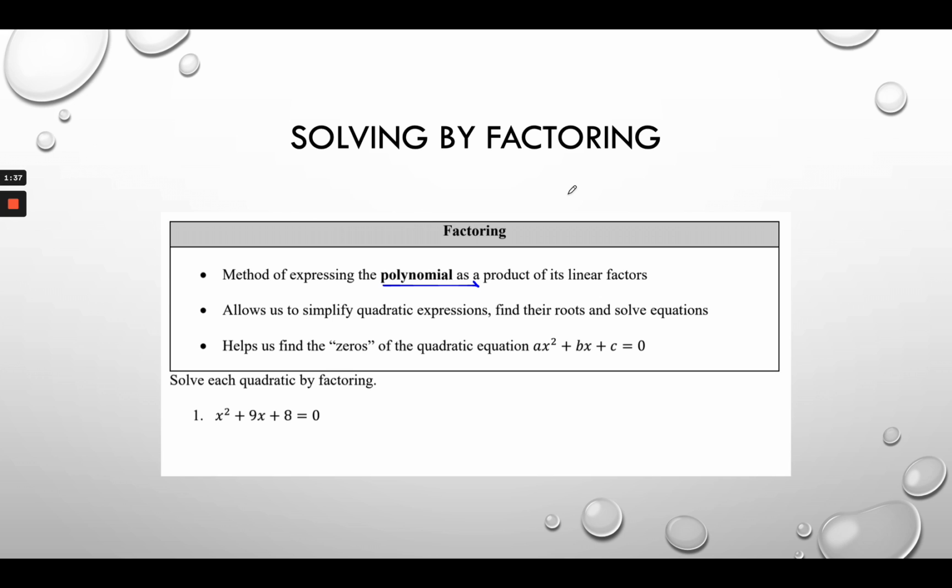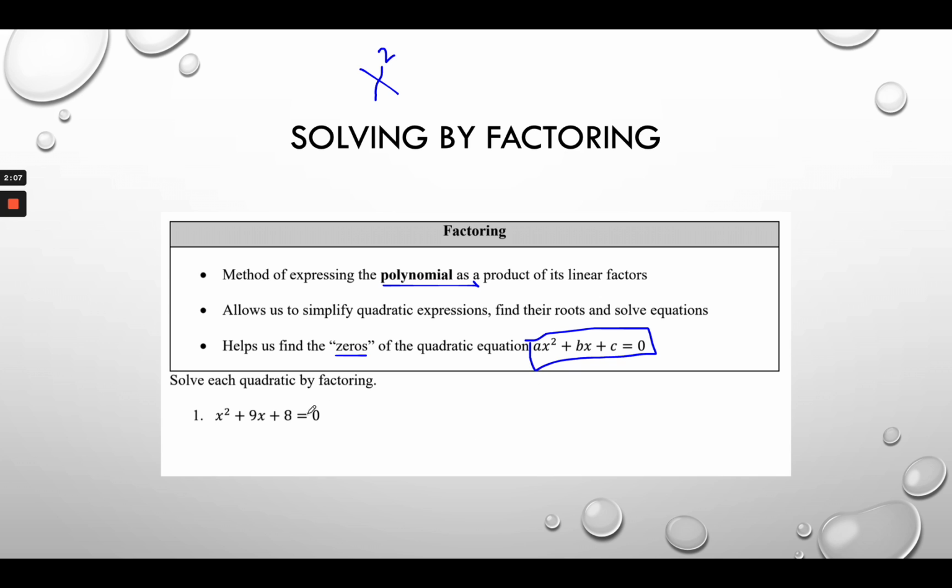Since we are factoring quadratics, hopefully you remember that quadratics have x squared, so our highest degree is this exponent of 2. Factoring allows us to simplify quadratic expressions, find their roots, and solve equations. It helps us find the zeros, which we just talked about, of the quadratic equation when we have it in standard form as ax squared plus bx plus c.